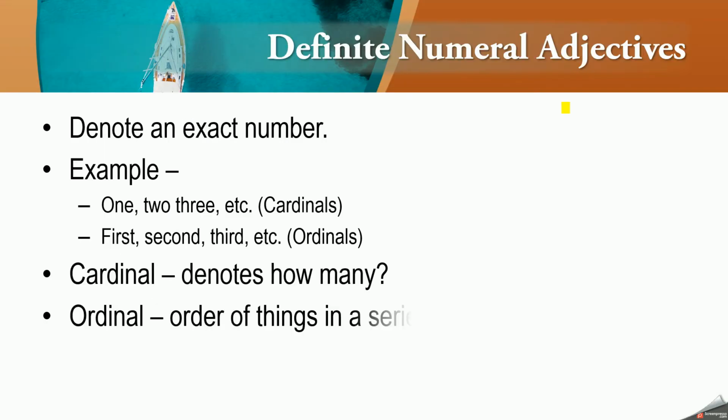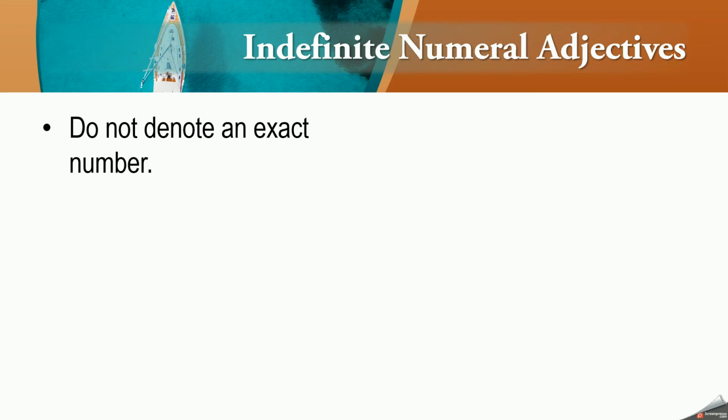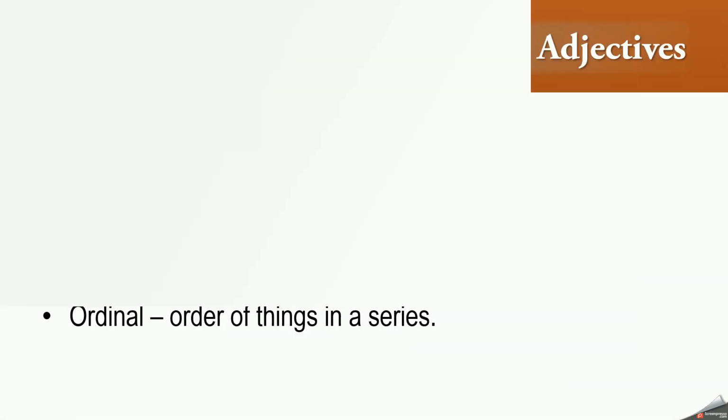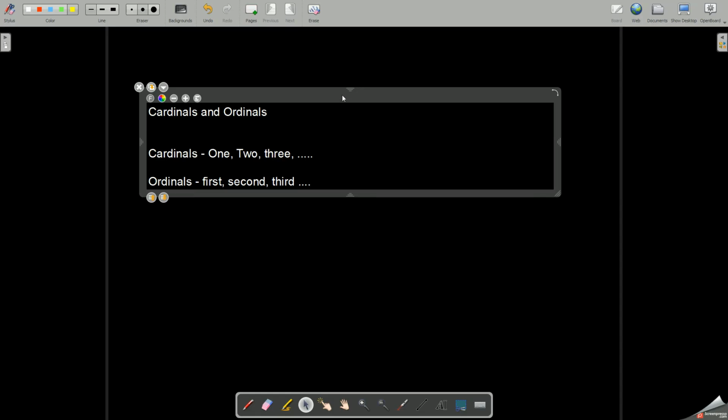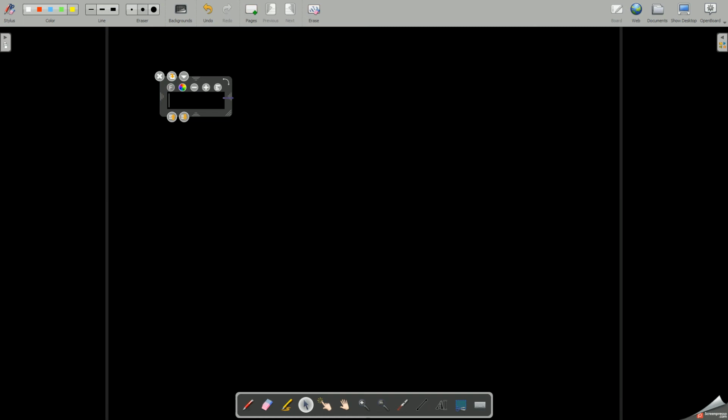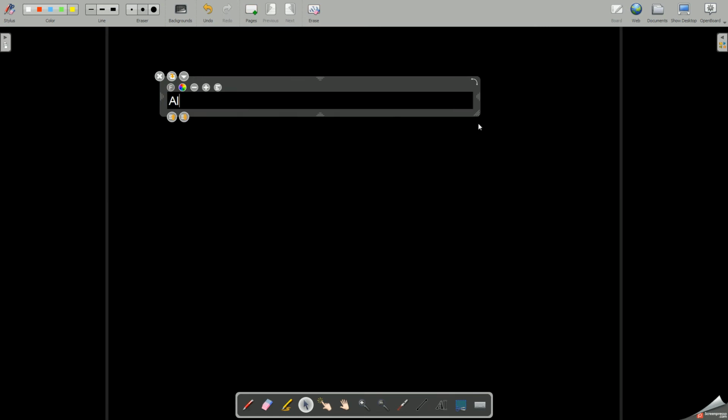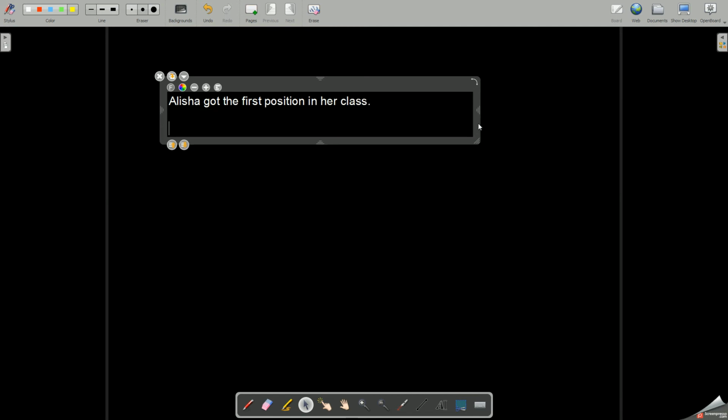So cardinal denotes how many, and ordinal denotes order of things in a series. Like, if I say these two statements.